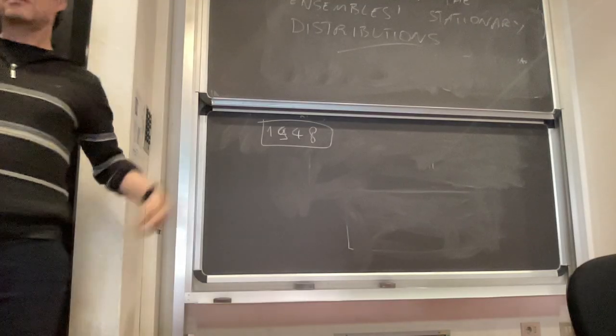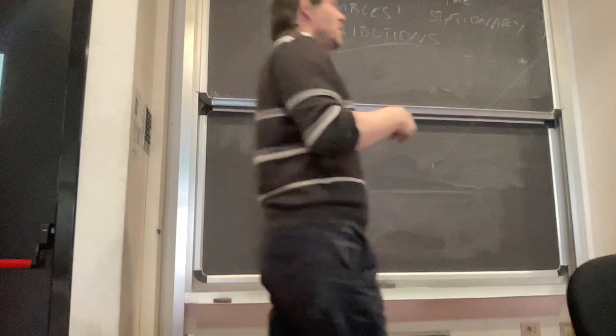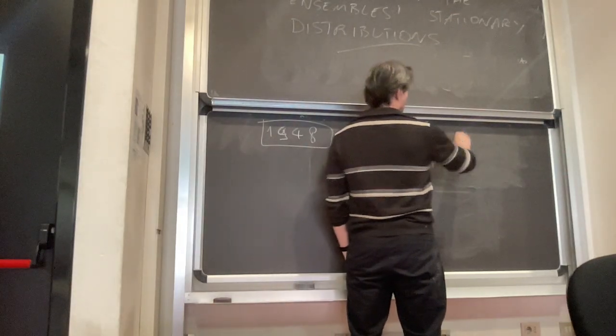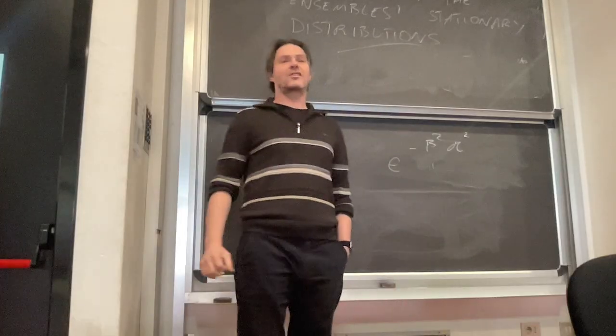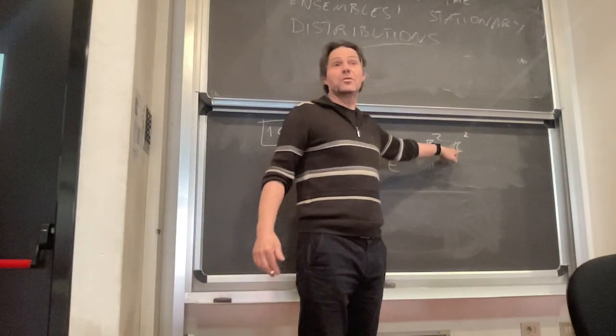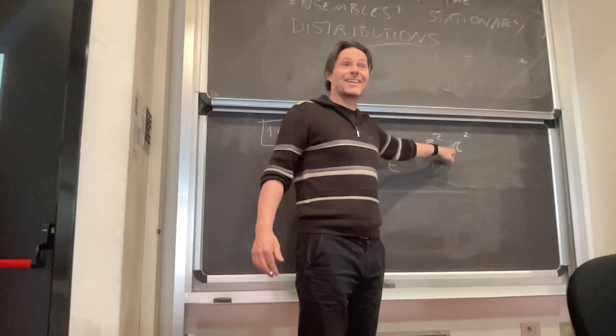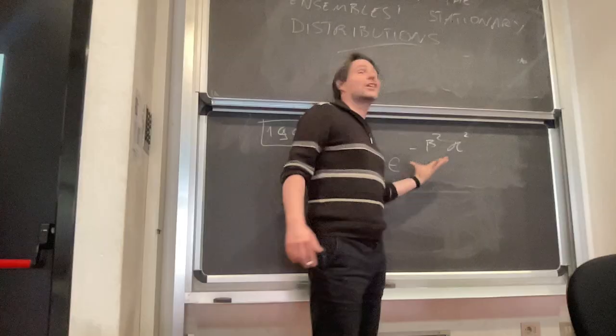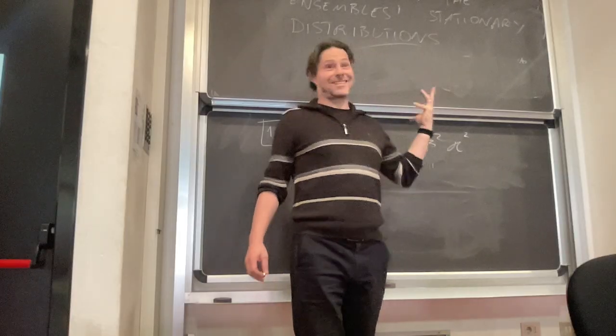I can guess a distribution. Maybe I say e to the negative something, b H squared. H is the Hamiltonian. Why not? It depends on something that commutes Poisson-wise with the Hamiltonian, right? So this is a perfectly legit guess.